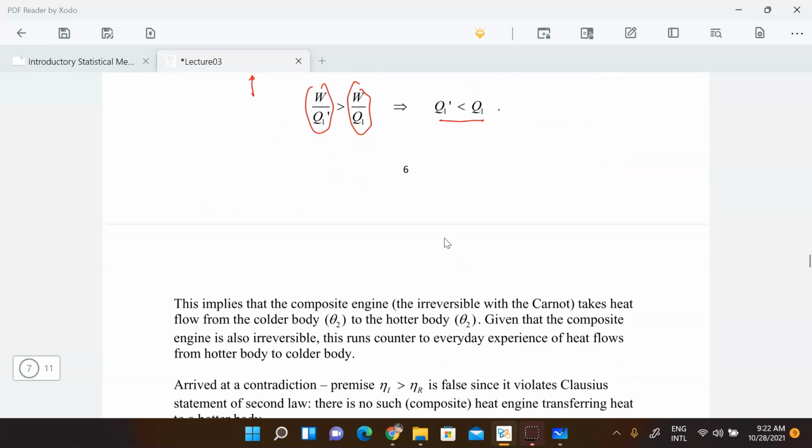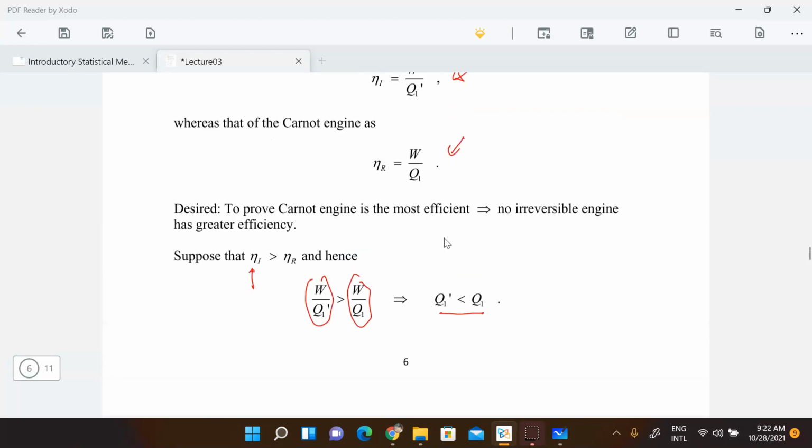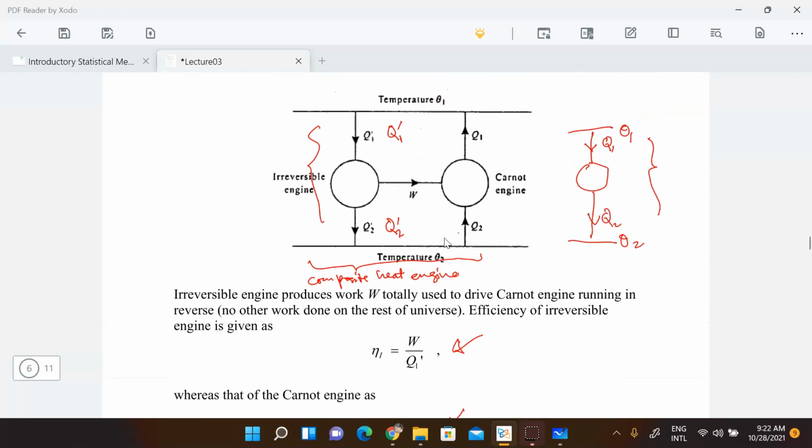Now if that happens, what's going to be the effect?